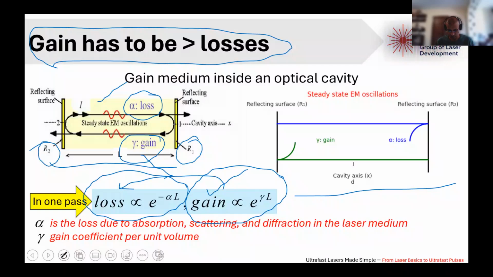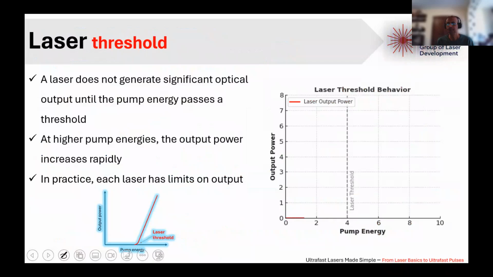Now we move to the next slide. When we study gain and amplification, one word comes up which we call threshold. Threshold is a point after which you really see something changing. When you pump, it's not necessary that you get laser action in the beginning, as soon as you turn on the pump.